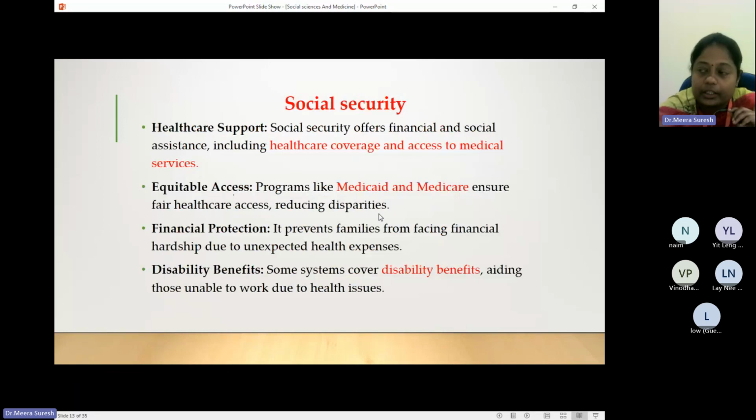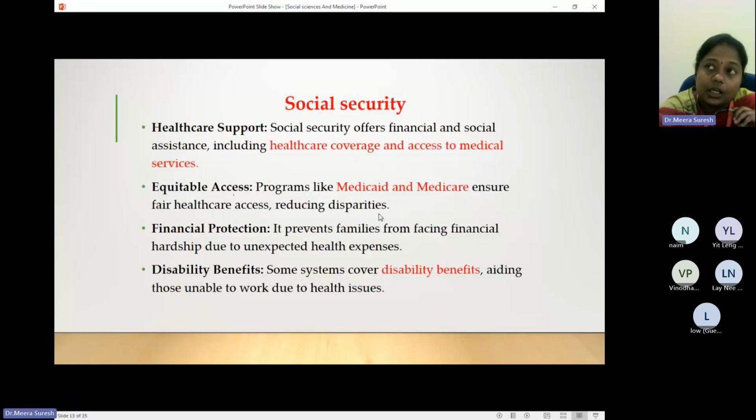Even this Medicaid, Medicare, or any health insurance we say, is based on our income, everyone's income, and according to the premium that we are paying. If it is by the government, I think Germany may have uniform health coverage, but then they are taking a lot of tax for that.